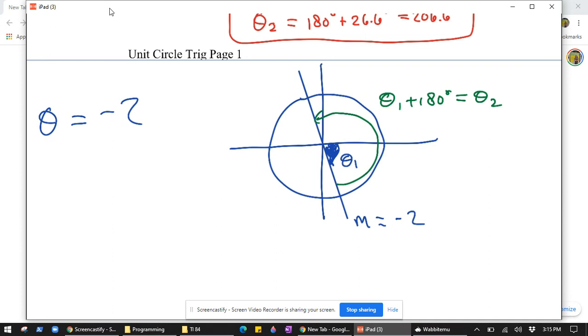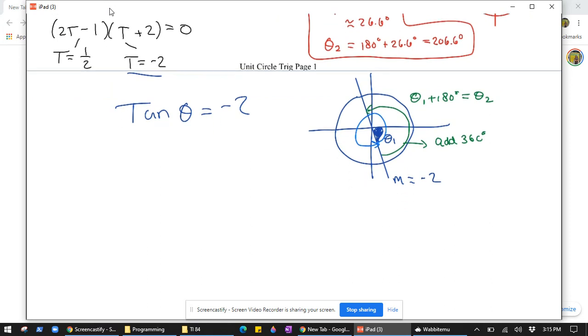What we'll do when we get θ1 is add 360 to it, because that's going to give us a coterminal angle that's in the right interval. So let's do that. We've got θ1 equal to tan inverse of -2.